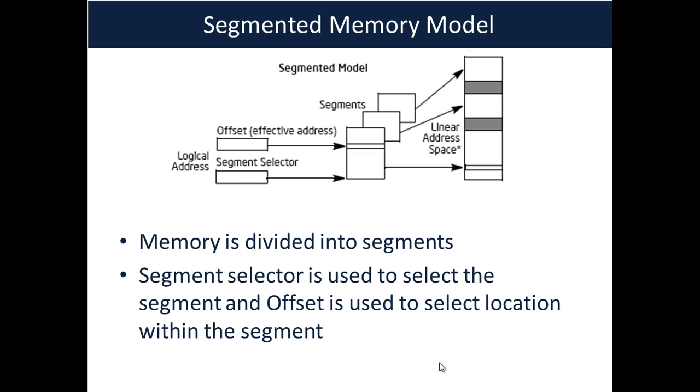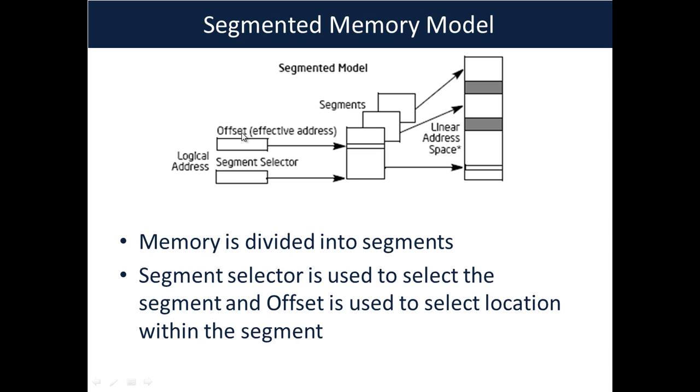Then we have the segmented memory model, which is somewhat more complex, but is very useful when it comes to running modern operating systems like XP, Vista, etc. In this case, memory is divided into various segments. We have something called a segment selector, using which an appropriate segment is selected.